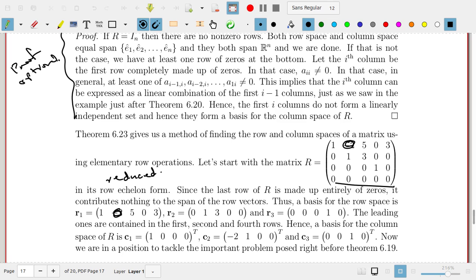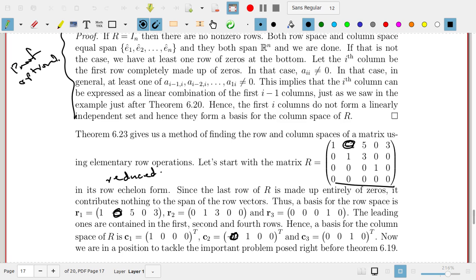But that's irrelevant since we're not taking zero rows into account. Notice that the first column, the second column, and the fourth column all have leading ones.